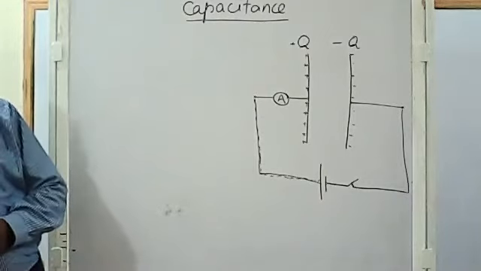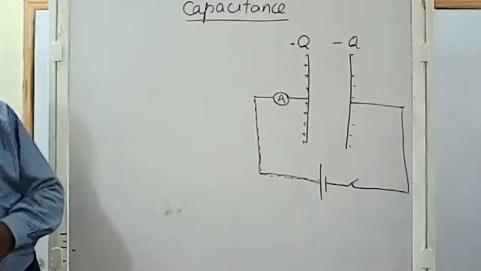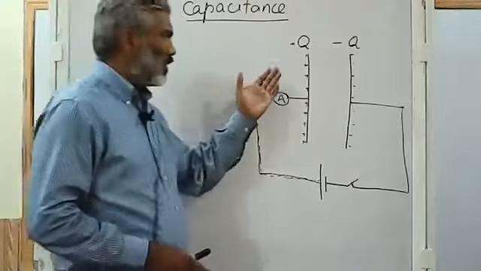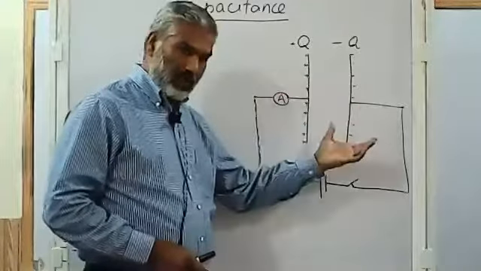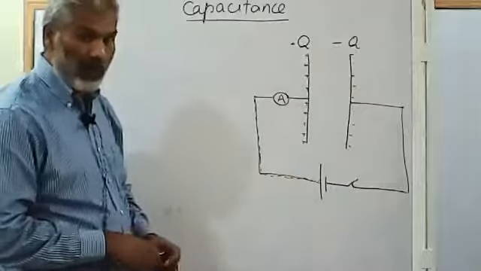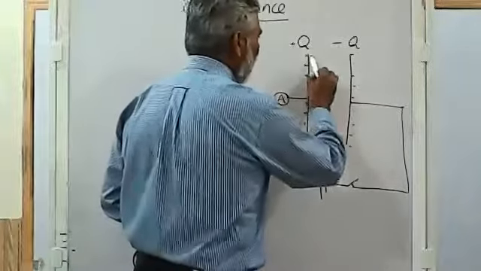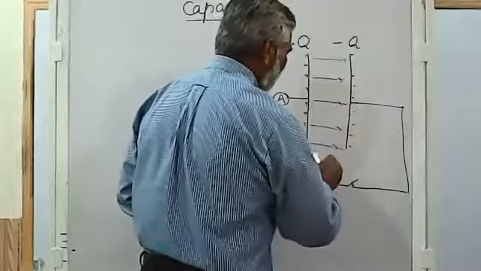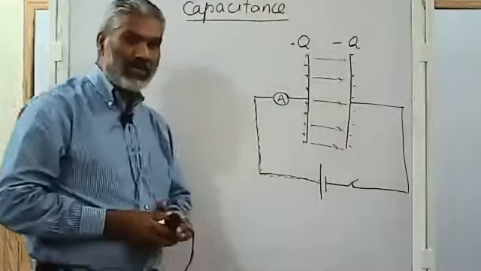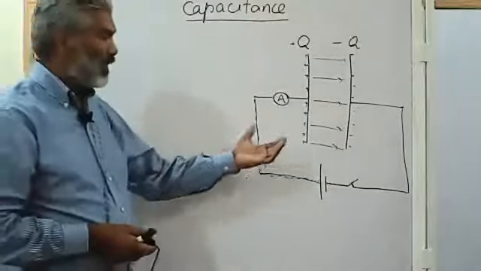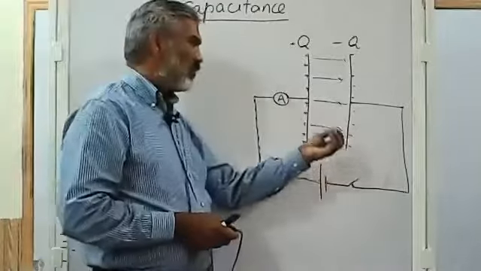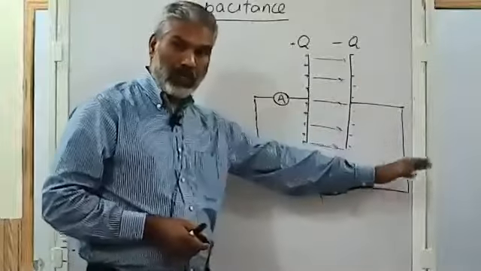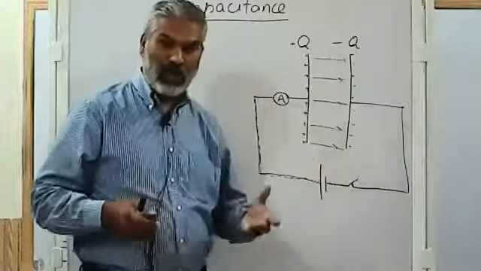Instead, we say that an electric capacitor is a device that stores electrical energy. So although charge is 0, the battery has done some work, and as a result, there is a field created, and that means some electrical energy is now available in the form of this electric field. If you place anything in between these two plates, it will move to this side or to this side if it has charge.